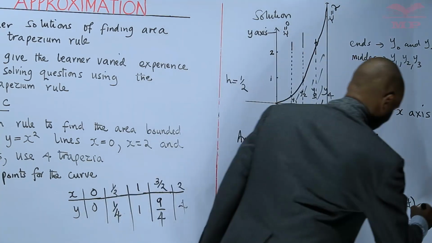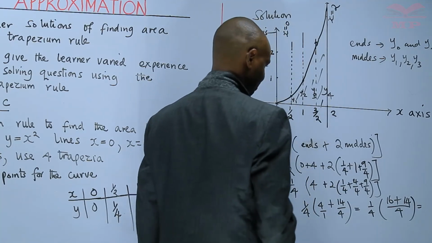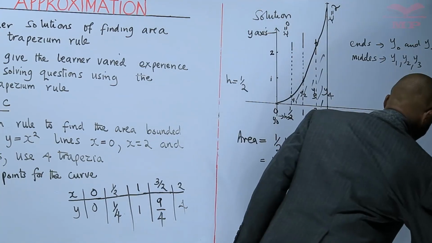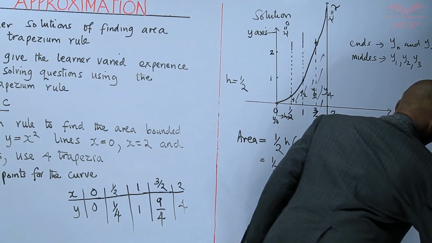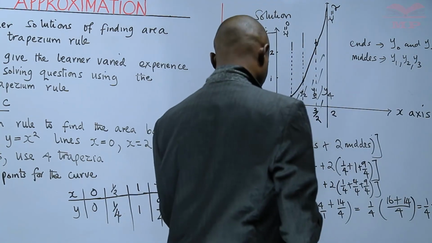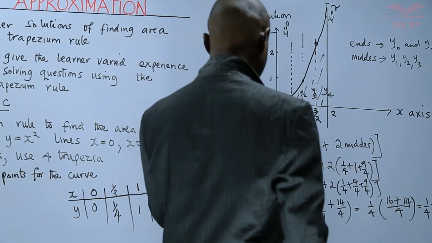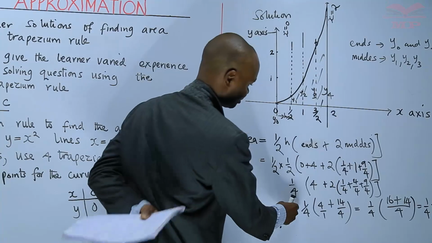So it works to a quarter times 30 over 4. Let's go back here.